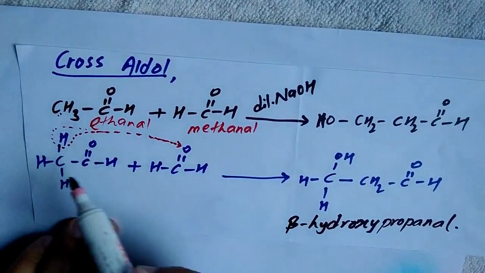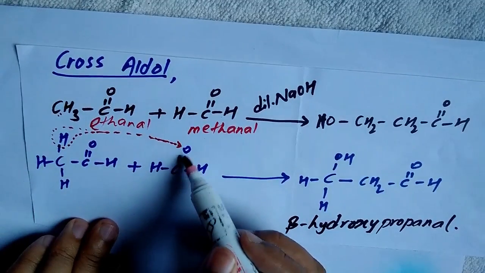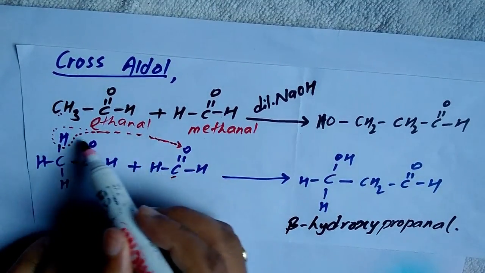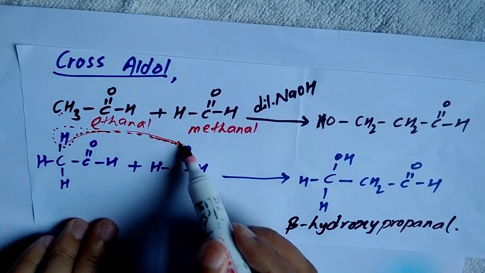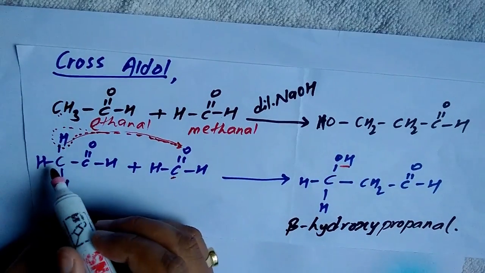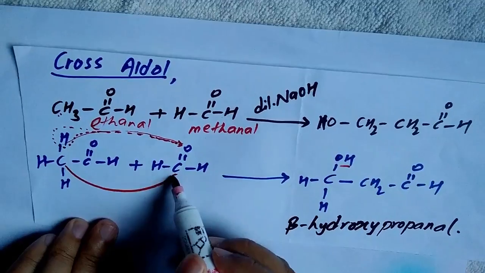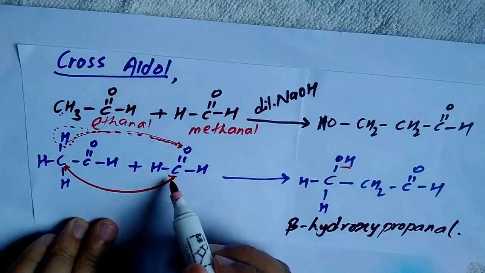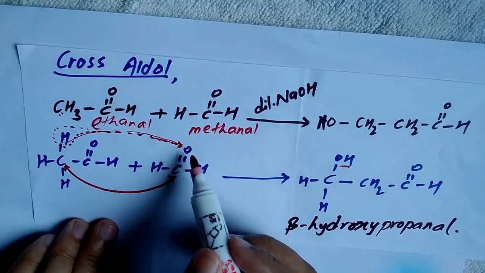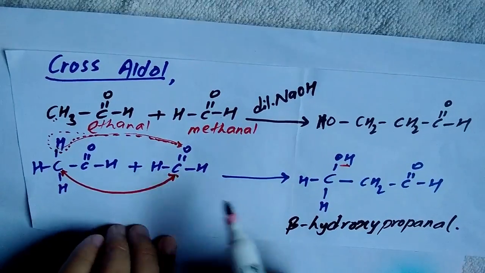We are showing a structure: this hydrogen bonded to this oxygen and forms OH, and this carbon should be bonded with this carbon.